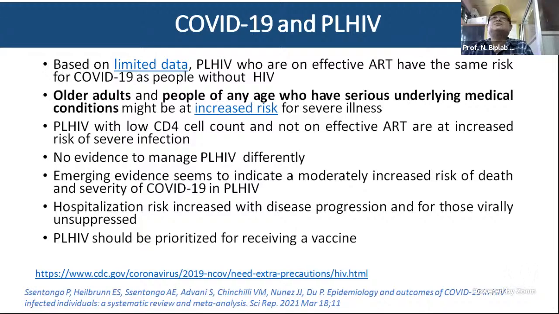There is no evidence to manage PLHIV differently. There is emerging evidence that indicates a moderately increased risk of death and severity among COVID-19 people with PLHIV. Hospitalization risks increase with disease progression, and those virally unsuppressed PLHIV should be prioritized to receive the vaccine.